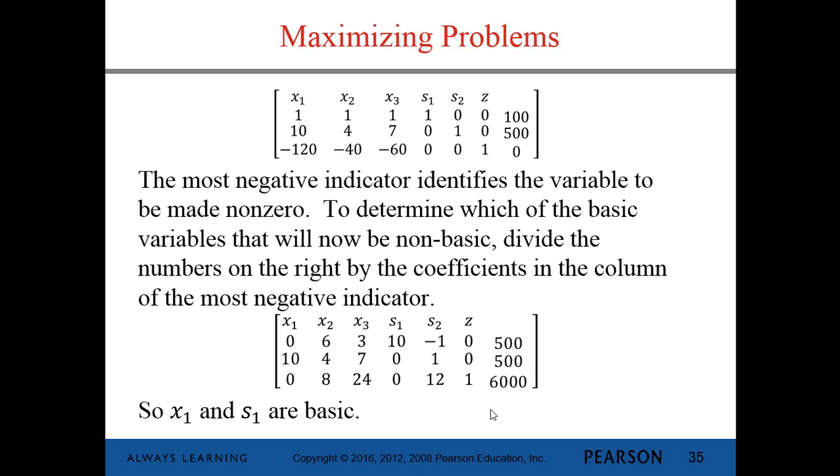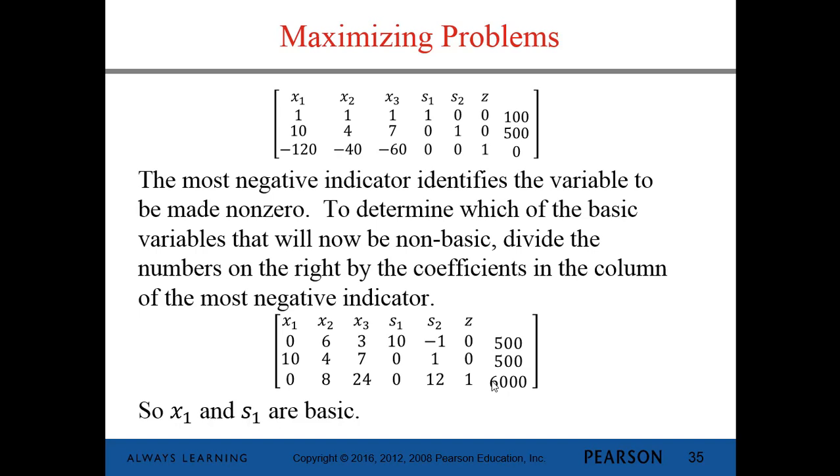Any questions? Okay, good. So here's what we're going to do now. We've got an answer. So at the next point, the next corner, the profit went up from 0 to 6,000. So there's our answer.